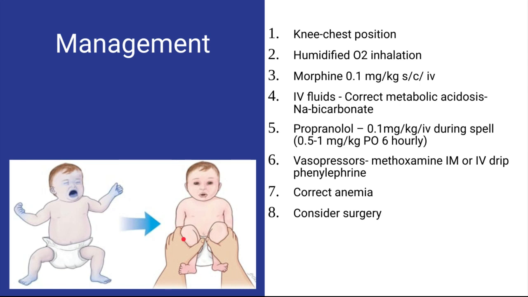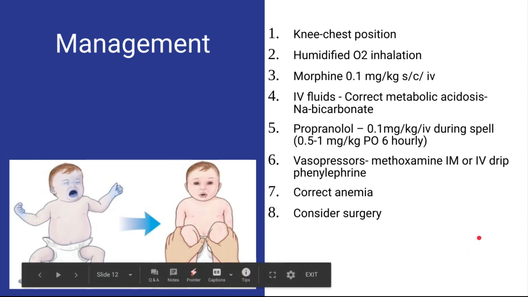Propranolol in a dose of 0.1 mg per kg during the spell, or a maintenance oral dose, will lead to decreased sympathetic activity and decrease the spasm of the infundibulum. Then a vasopressor like methoxamine or IV drip of phenylephrine can be used in severe cases, and correct anemia and consider surgery if the frequency is more.